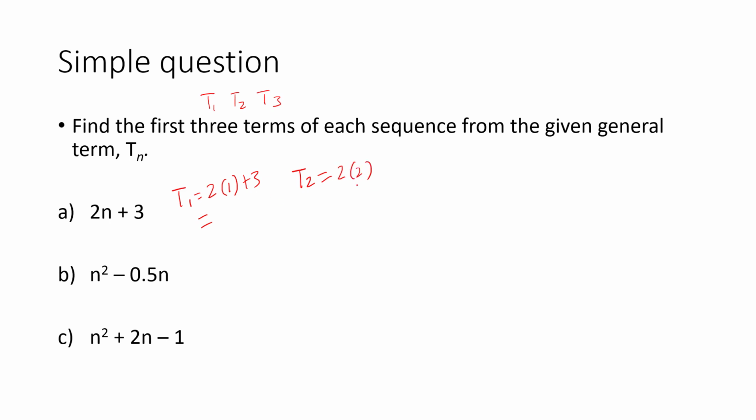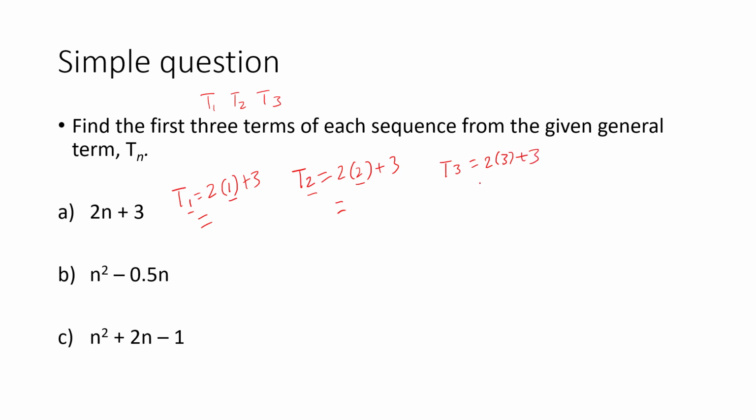So where did I get this 2 from? From here. The 1 is from here. Plus 3 is equals to something. And finally, T3 is equals to 2, make a smart guess, what do we multiply? Since this is term 3, we multiply by 3.